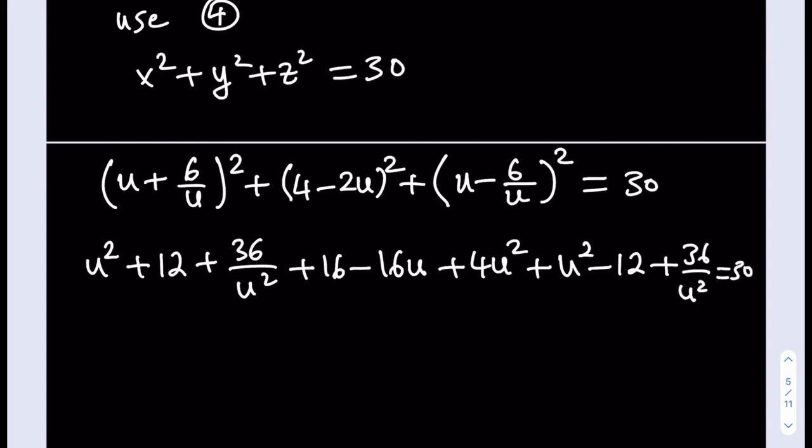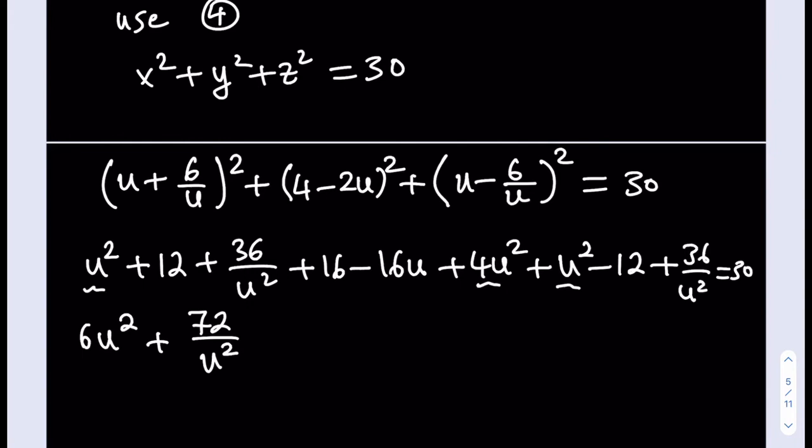Okay, so let's go ahead and simplify this a little bit more. Nothing cancels out, so I'm going to have to add like terms. u squared plus 4u squared plus 1u squared. That's going to make altogether 6u squared. Then let's just add these terms. 36 over u squared plus the same thing is just going to make 72 over u squared.